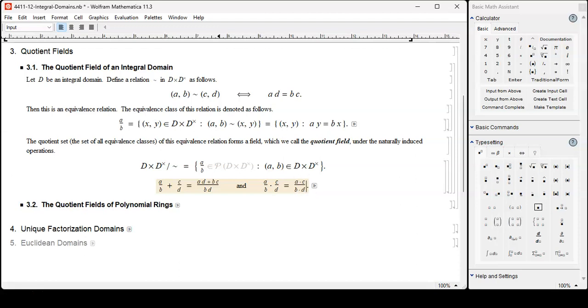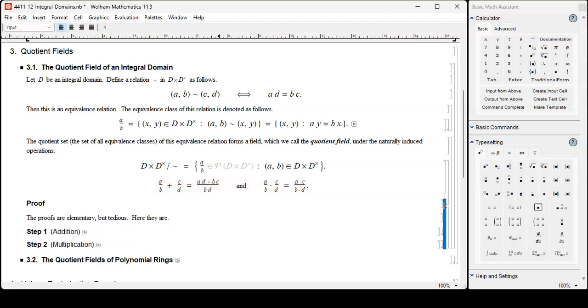And what we need to do is to prove that these operations are well defined. In other words, if I find different representatives and then get different expressions, in terms of equivalence classes, they should be the same.